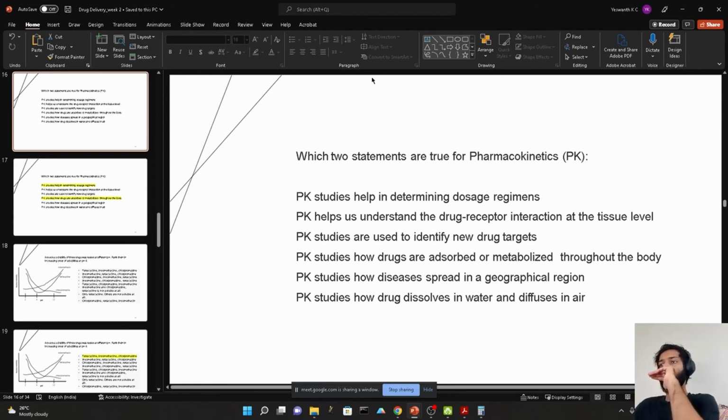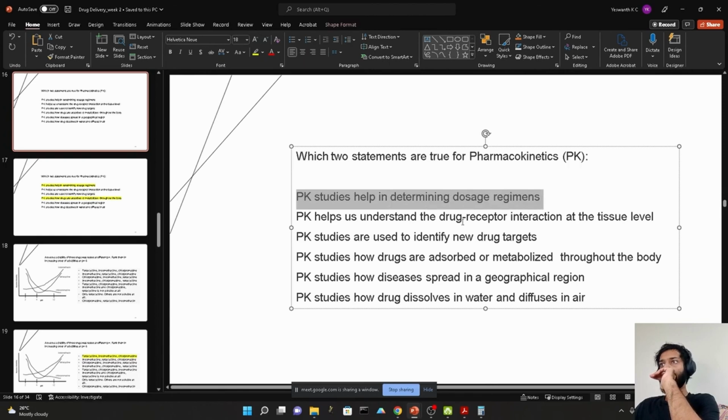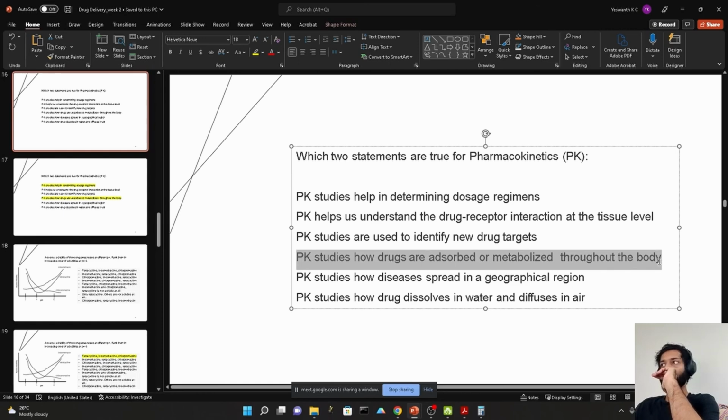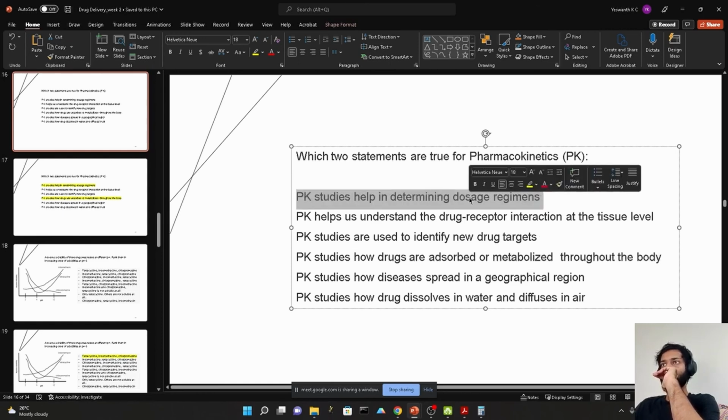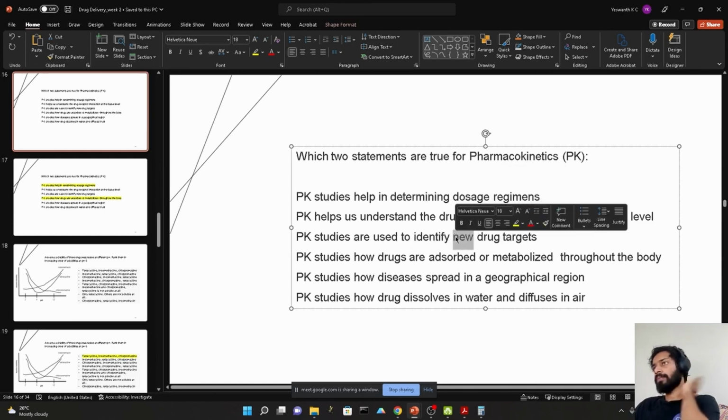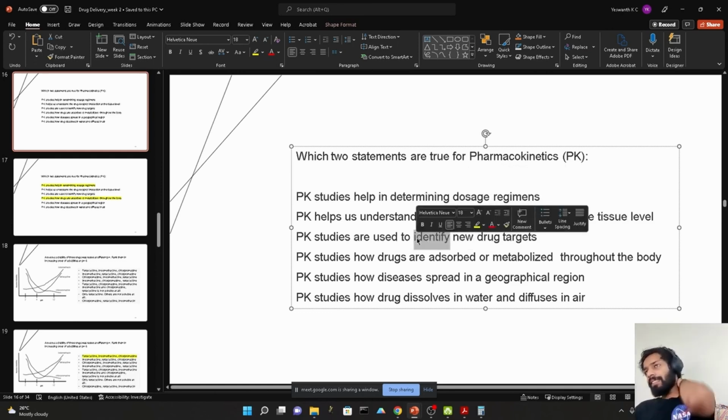Yes. Option A and B as the right option. Option A and D are right. But the PK studies, option C: PK studies are used to identify new drug targets. Are they?